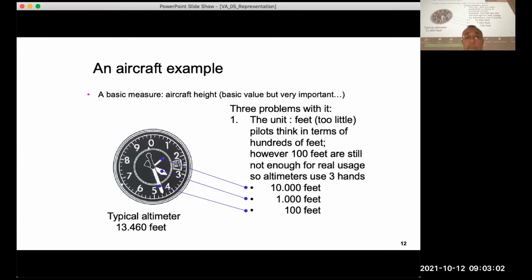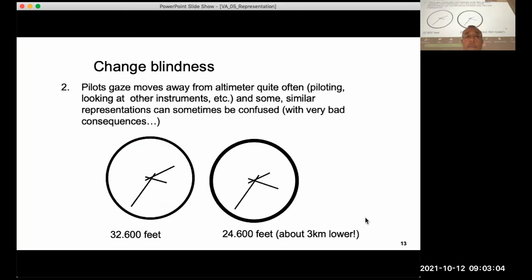The second problem comes from what is called change blindness. Change blindness is a limitation of our brain and our eyes that makes us not able to perceive little differences between two situations.